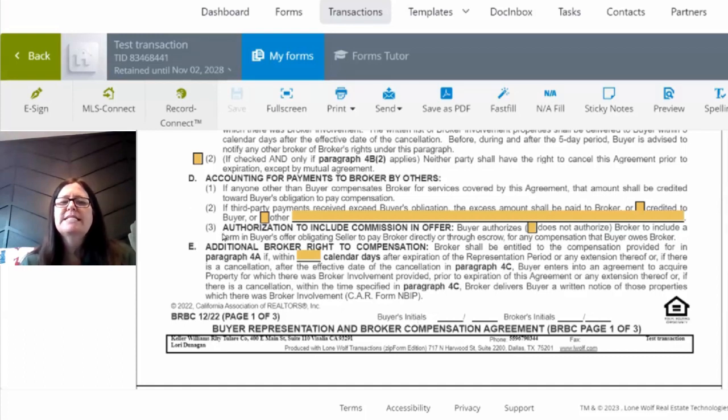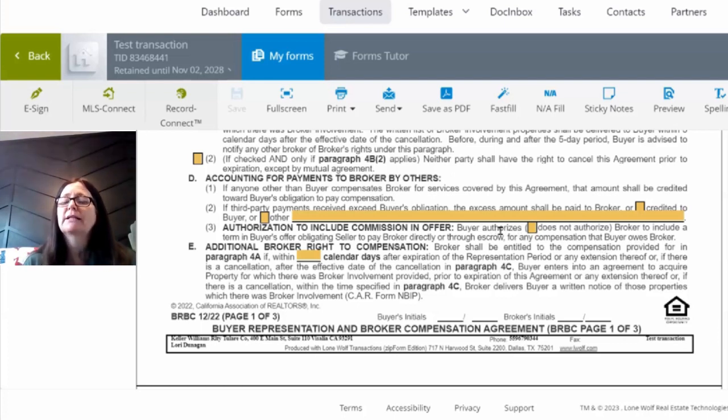And then this number 3, D3 right here. This is that box I was talking about on the RPA that allows the offer to ask the seller's agent or the seller to compensate for whatever difference there might be between what's agreed to in this form and what's being offered on the MLS. By checking the box right here, the buyer authorizes or does not authorize broker to include a term in the buyer's offer obligating seller to pay broker directly or through escrow for any compensation that buyer owes broker.